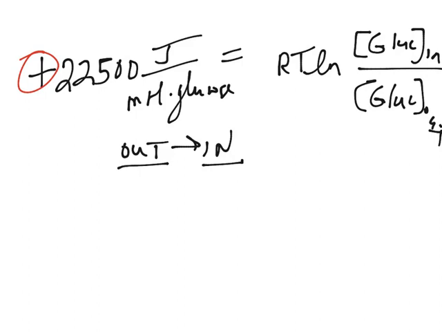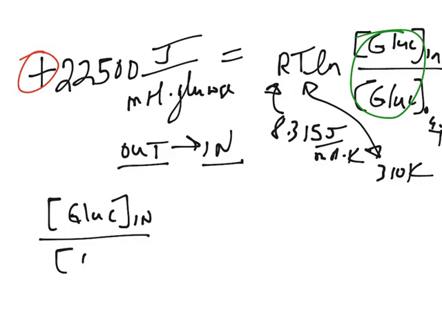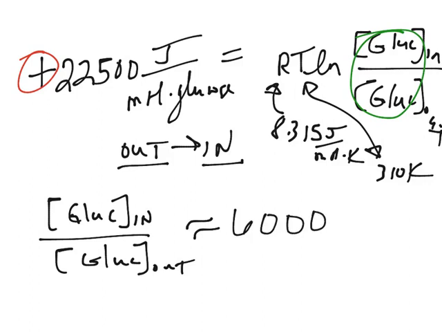So then we know that R is 8.315 joules per mole Kelvin, and we said we're using a temperature of 310 Kelvin, so body temp. So then you can solve this equation for this ratio right here. Divide both sides by RT and raise them e to the x. And if you do that, you get that the ratio of concentration of glucose inside the cell to glucose outside the cell is about 6,000.